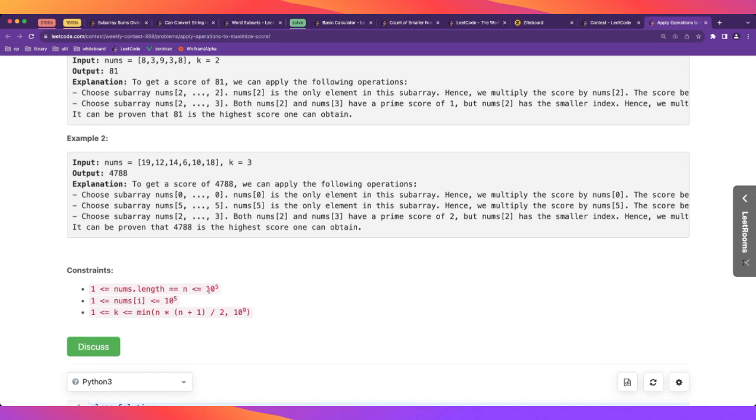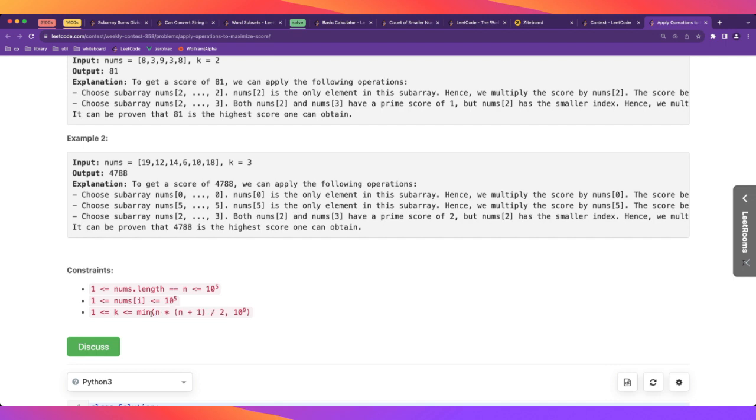And the size is 10 to the 5. And yes, this is obviously bounded by the number of subarrays, including the subarrays with only one element.